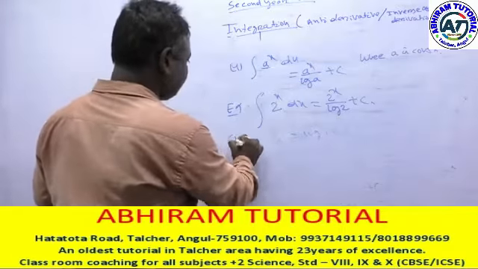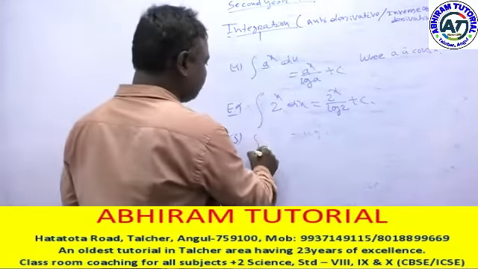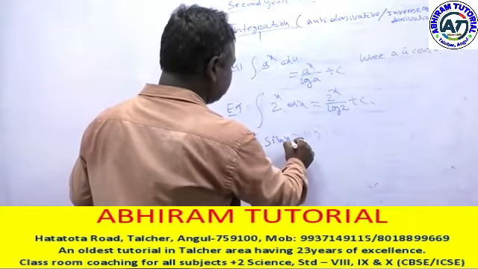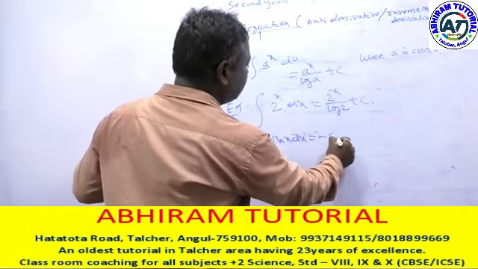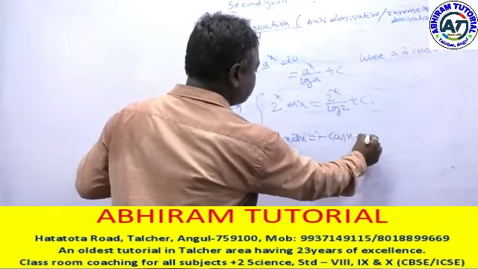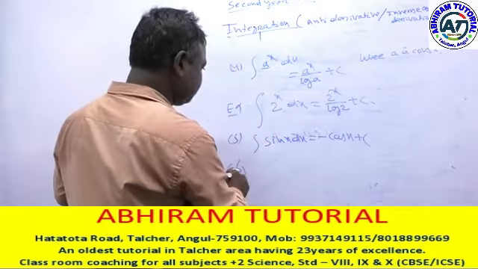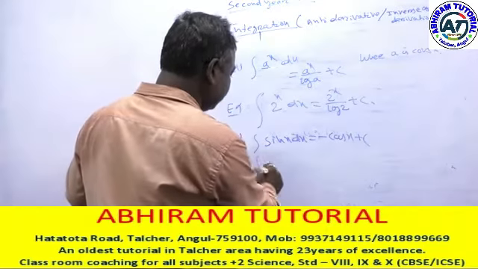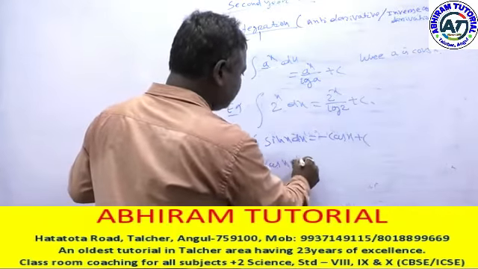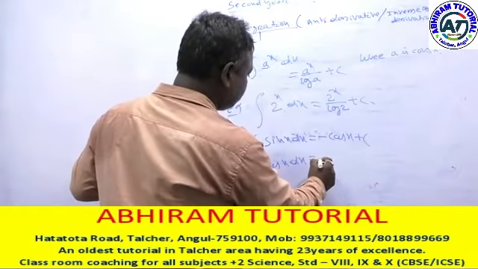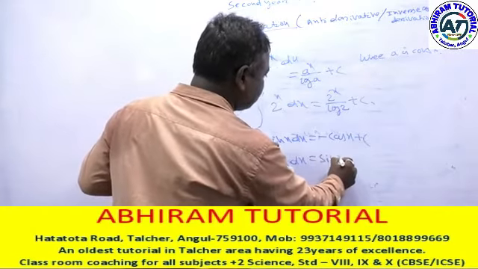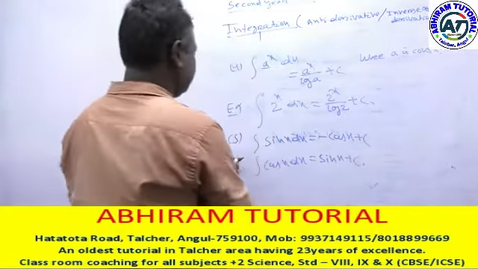Then 5 is sin x: the integration of sin x into dx is equal to minus cos x plus c. And 6 is the integration of cos x into dx, which is equal to sin x plus c.